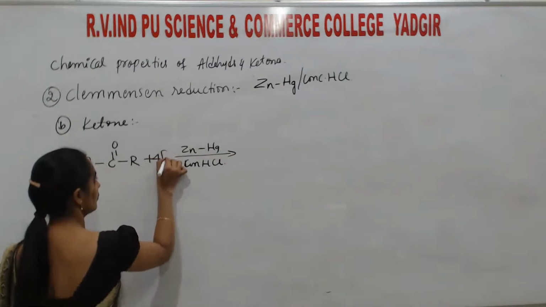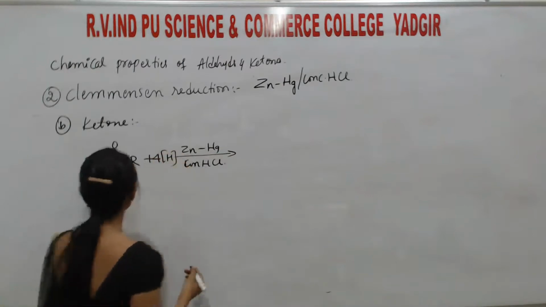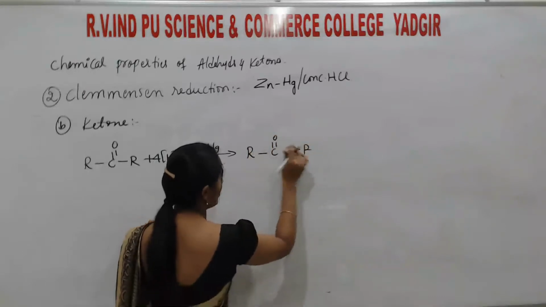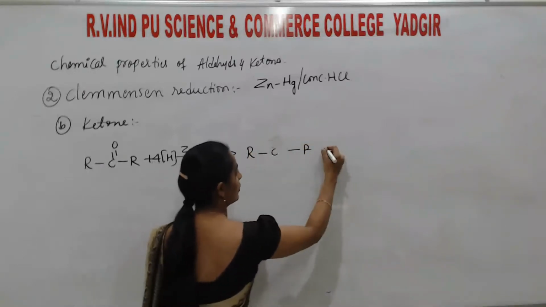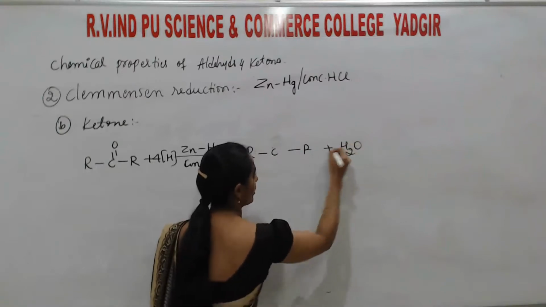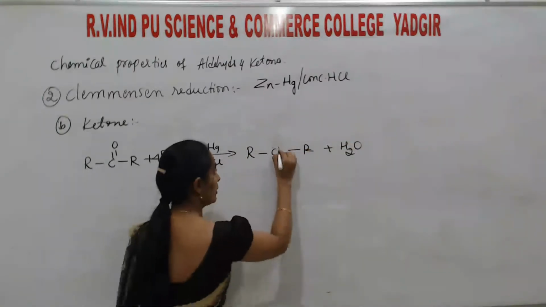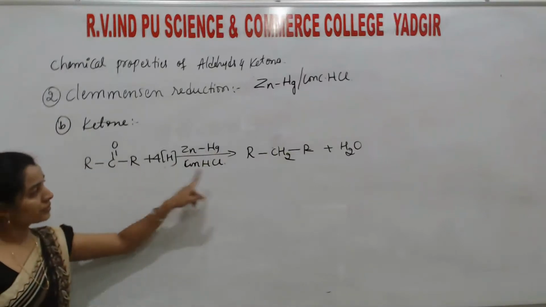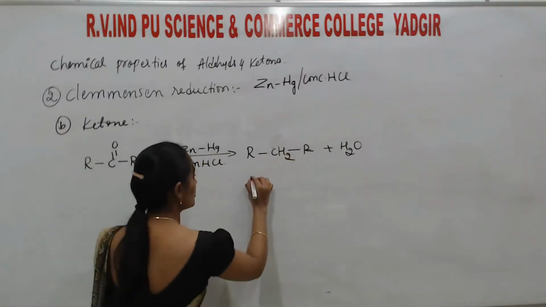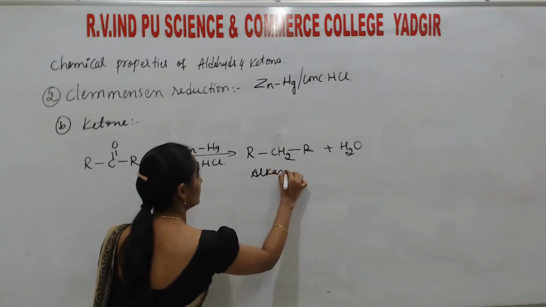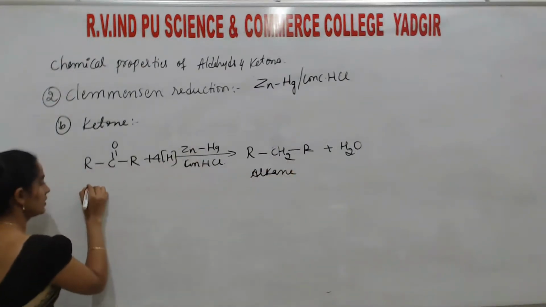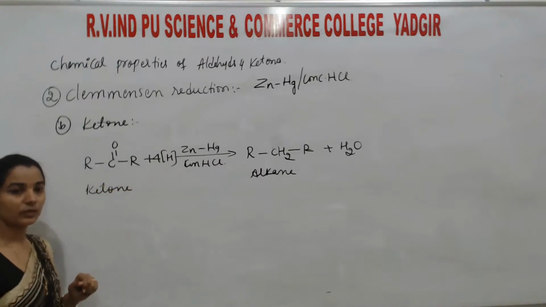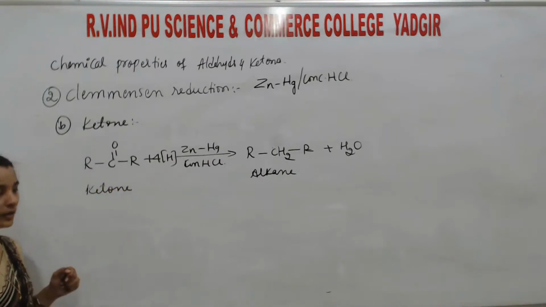Of course, here also 4 moles of H are required. The oxygen is removed with 2 hydrogen atoms as H2O, and another 2 hydrogens are added. Here 3 carbon atoms, here also 3 carbon atoms, so they form alkane. So ketone gives alkane.